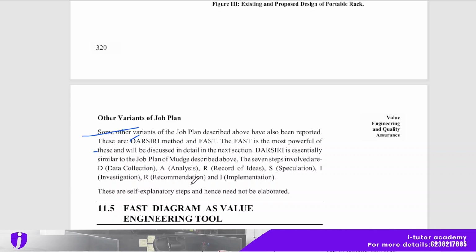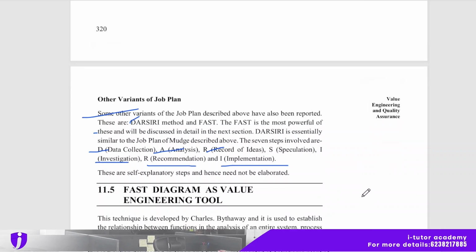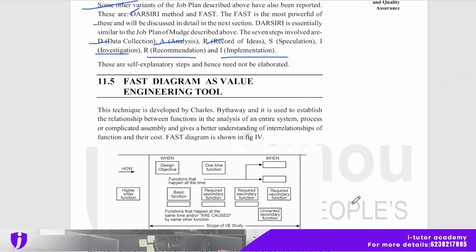The seven steps involved are D for data collection, A for analysis, R for record of ideas, S for speculation, I for investigation, R for recommendation, and I for implementation. These are self-explanatory steps and hence need not be elaborated. All of you know what data collection, analysis, record of ideas, speculation, investigation and recommendation are; these are basic ideas.